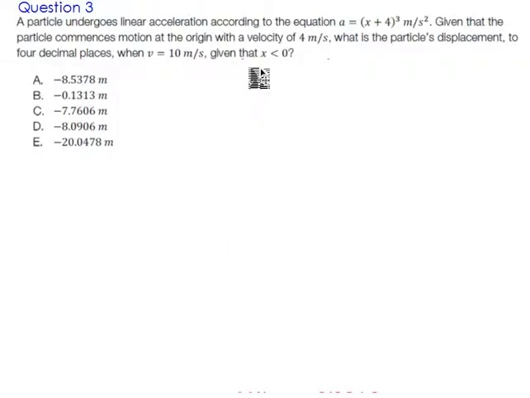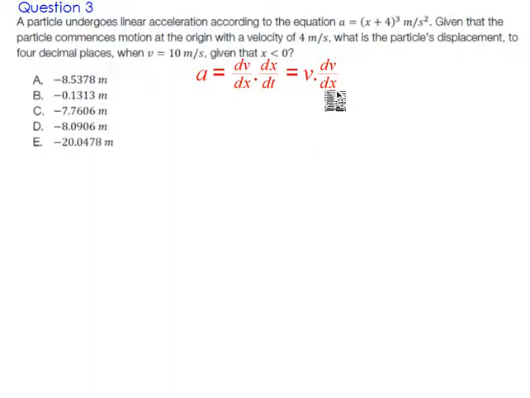So whenever we work on these problems, we need to start with a derivative that relates acceleration to either velocity or something else. So looking at the forms of derivatives for acceleration, we have a is equal to v times dv/dx.